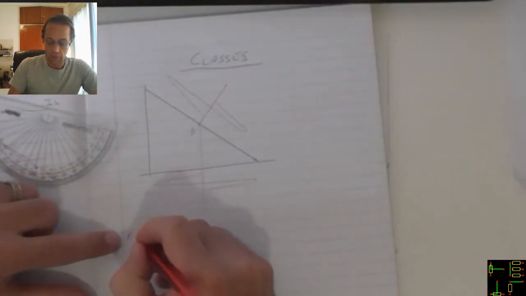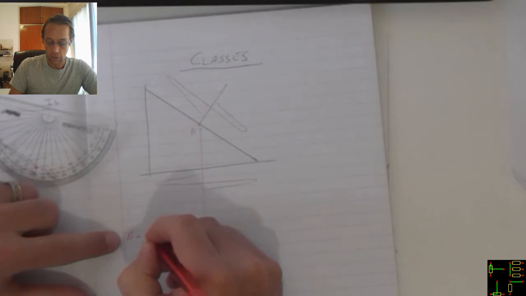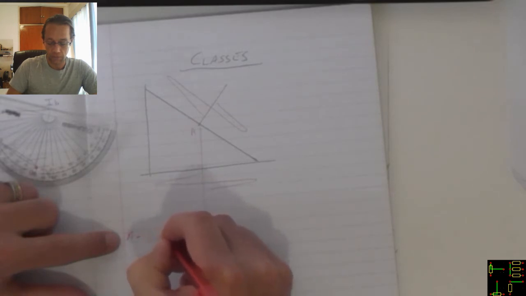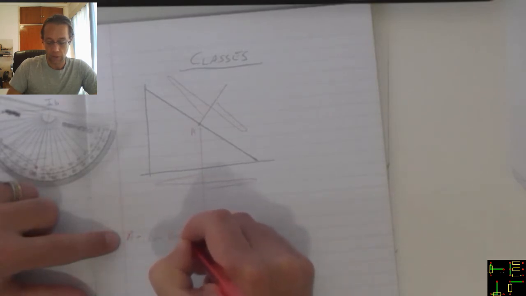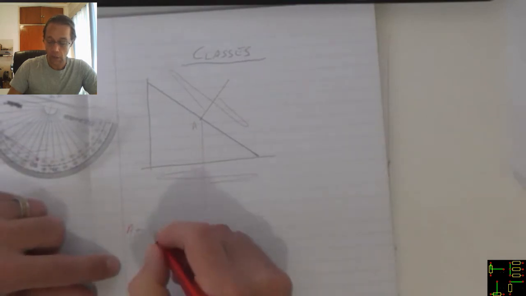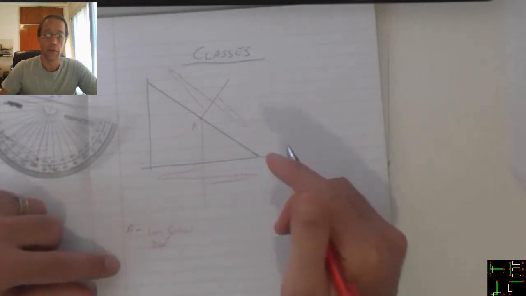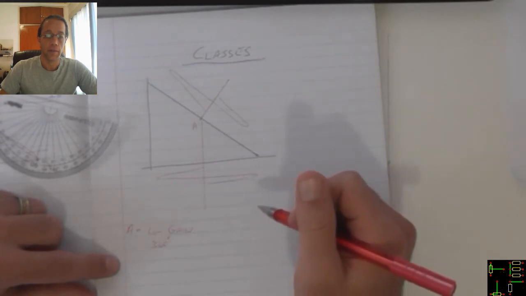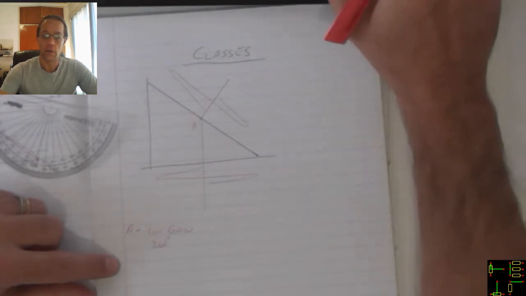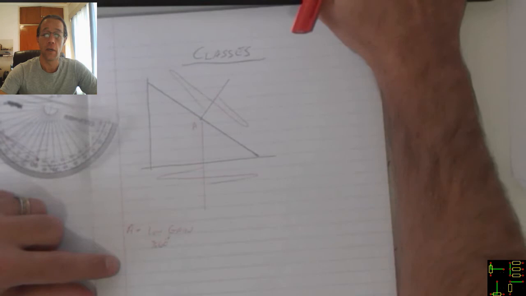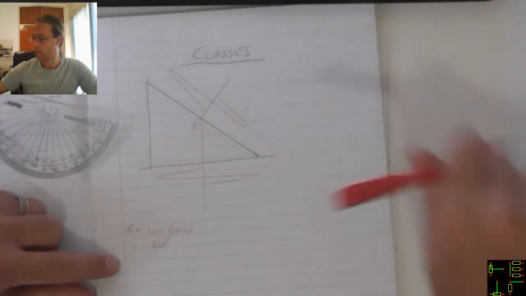Okay, so the amplification is low gain, but it has the ability to amplify 360 degrees of my input wave. There's no distortion, and as a result it is used for low gain amplifiers or for pre-amplifiers.